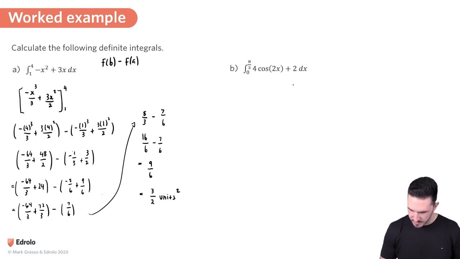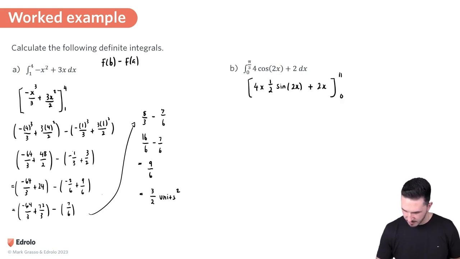So first thing we want to do is integrate 4 cos 2x. So this is going to become 4 times a half of sine of 2x plus 2x between 0 and pi on 3. So this is going to become 4 times a half is 2.